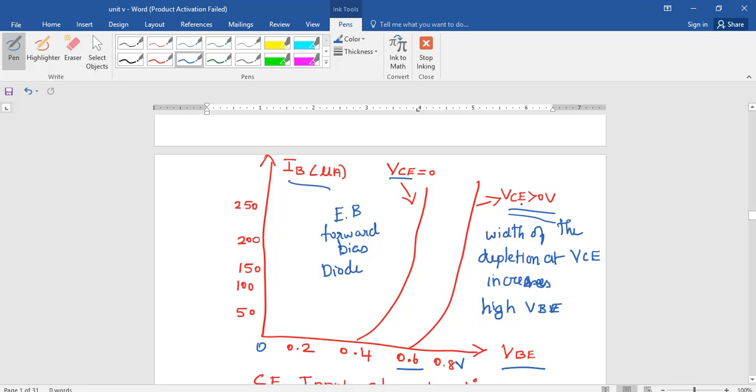When VCE is greater than 0, the width increases, and hence we need to apply higher VBE to turn on the device. This is your input characteristics.